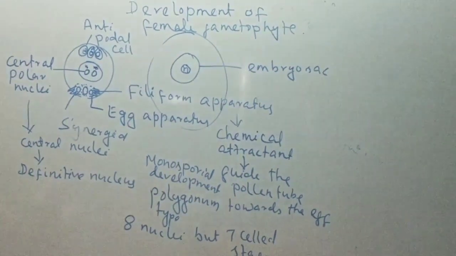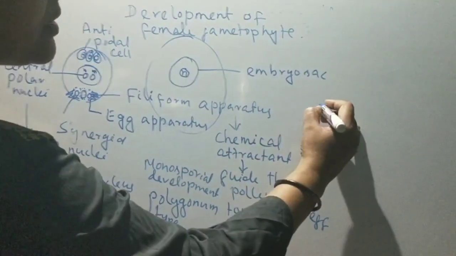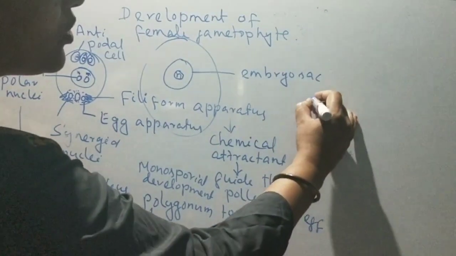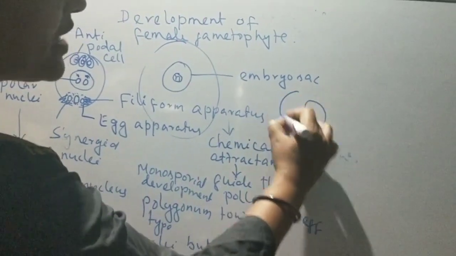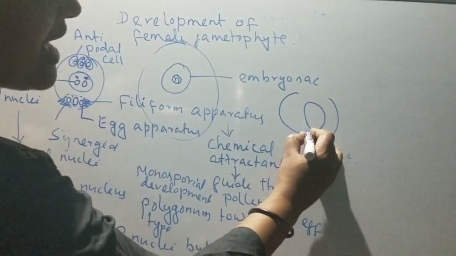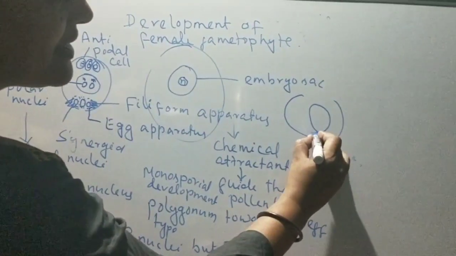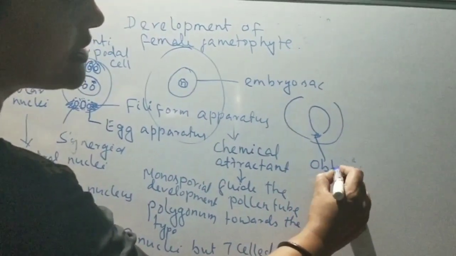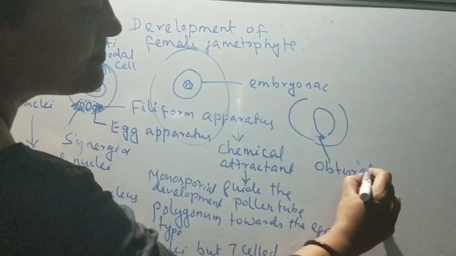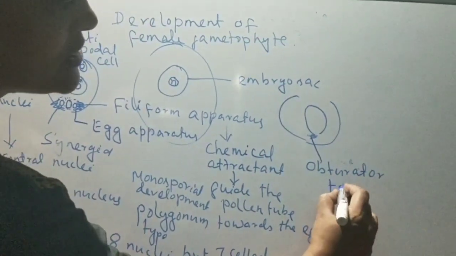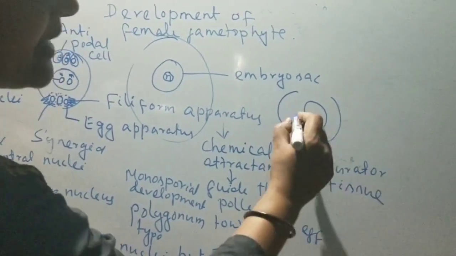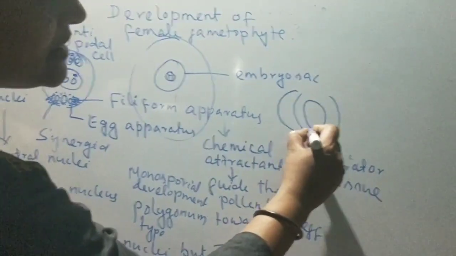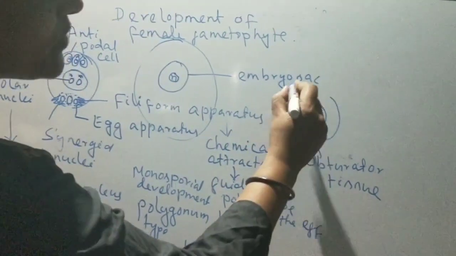Now there is another structure near the ovule in the ovary, that is called obturator tissue. I had left it out. The obturator tissue guides the pollen tube towards the ovule.